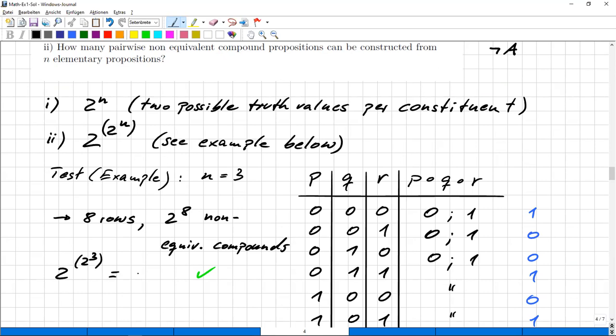What is it, by the way? What's the result then? 256. That's right. And this is one very famous binary number, you could say, because it's the size of 1 byte, as you may know, right? So that's the number of, for example, characters that can be coded byte-wise.